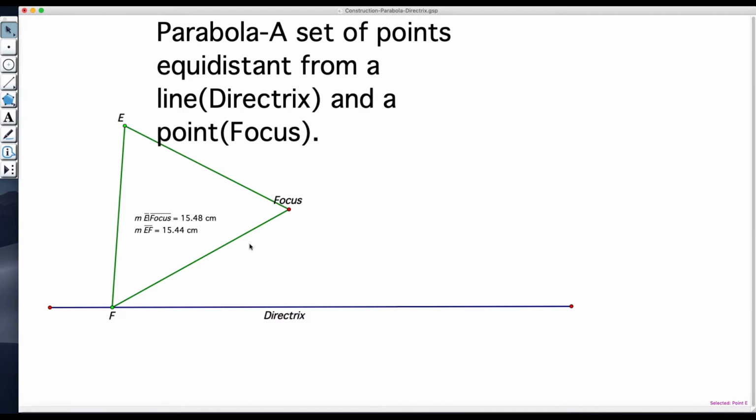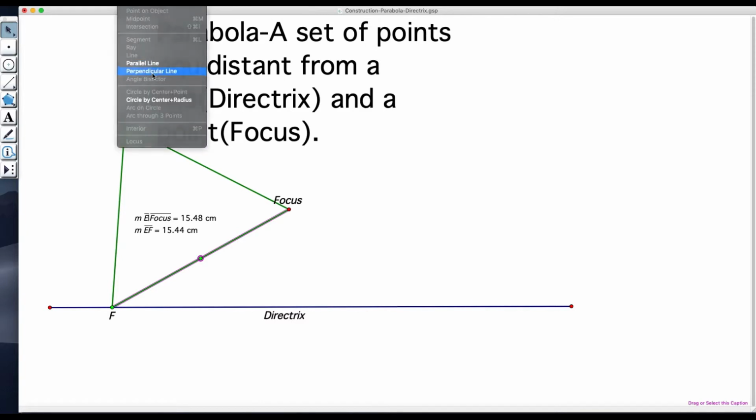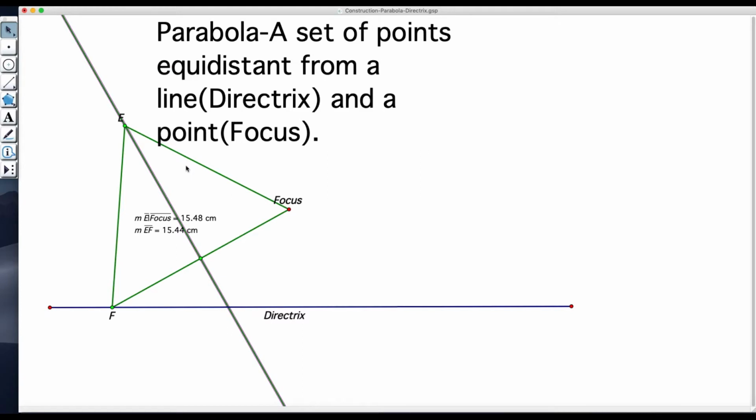This is why geometric construction is the only way to properly create a parabola from a directrix and focus. We can, however, use something known as the isosceles triangle theorem, which states that the perpendicular bisector of the base will pass through the vertex of the isosceles triangle and also bisect it.